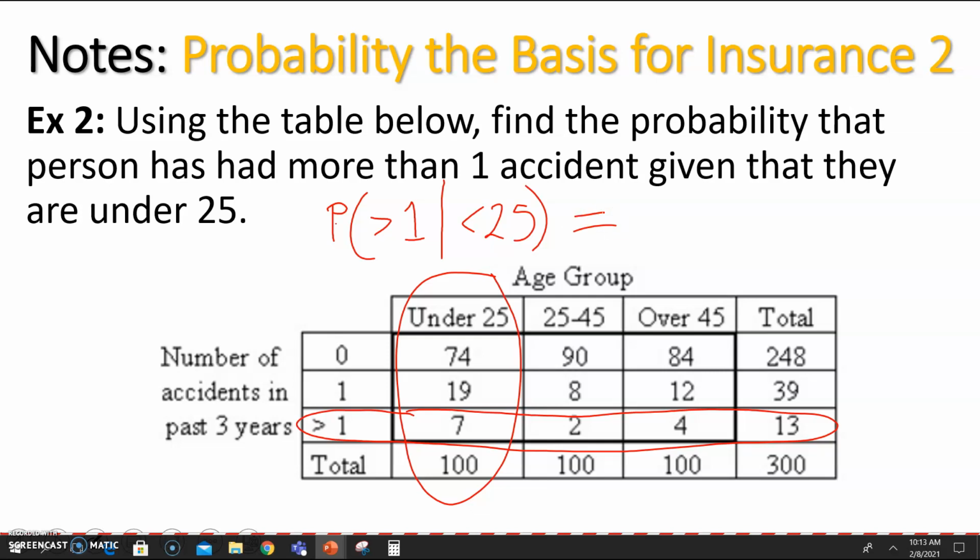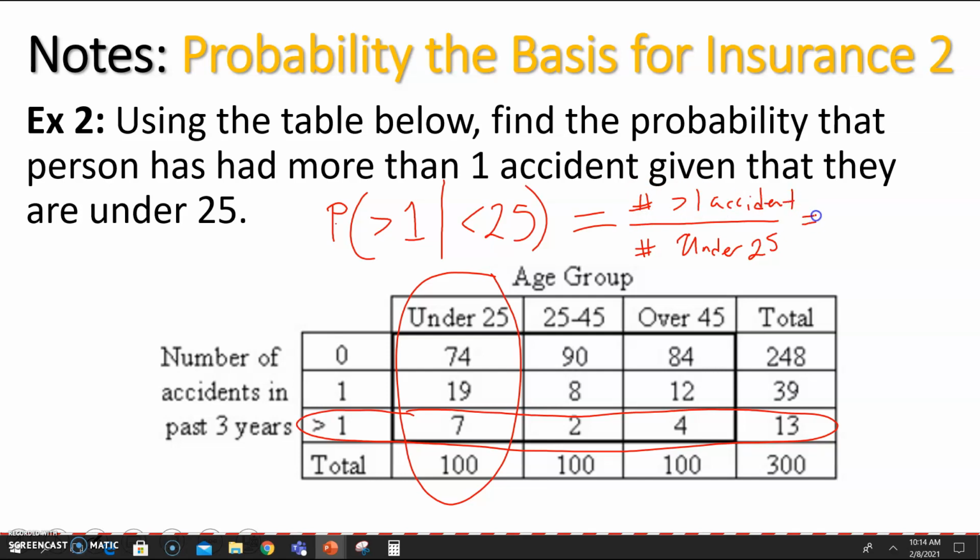So let's take a look. Because the given is assuming that everyone we're looking at is under 25, we are only going to be looking at that as our total. So this will be the number under 25, the number of people that got in accidents that are under 25. And then the top number will be the number with more than one accident.